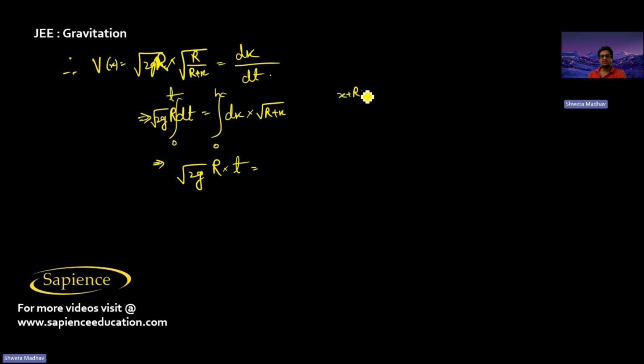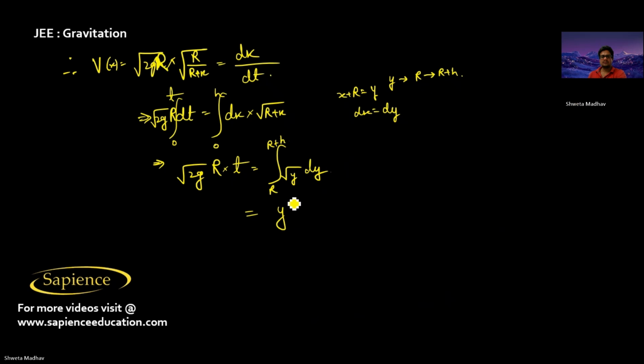So x plus r, if I put it as y, then dx will be equal to dy, and y will go from r to r plus h. So it will be integral from r to r plus h of root y dy, which is equal to y power 3 by 2, which is equal to 2 by 3 into (r plus h) power 3 by 2 minus r power 3 by 2.